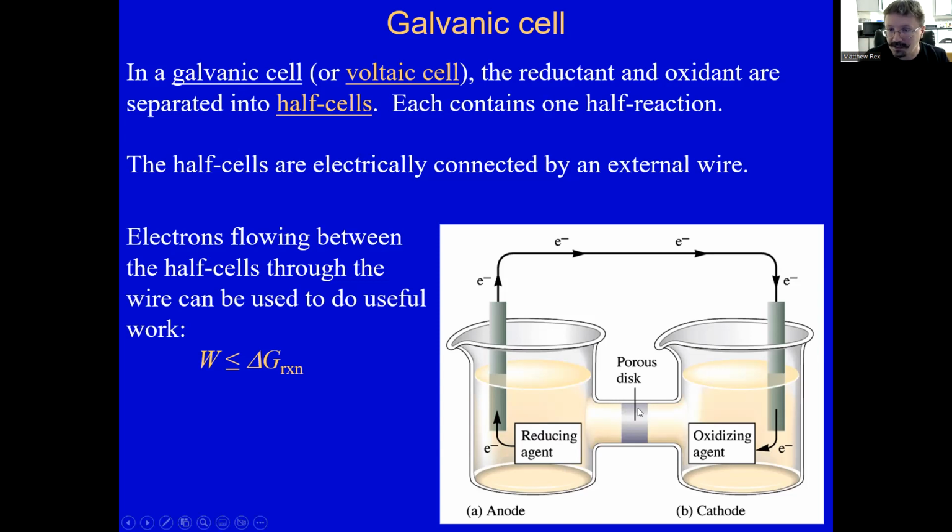So you can see these are actually essentially separated. So what's going to happen is, because this is spontaneous, this reaction is still going to occur without any outside intervention. But the electrons need to transfer. They need to go from the thing that's donating them to the thing that's taking them. And what they're going to do then is flow through this wire from this vessel over to this vessel.